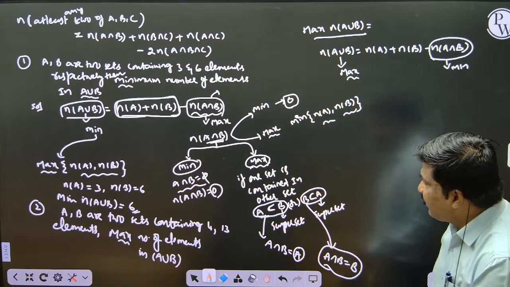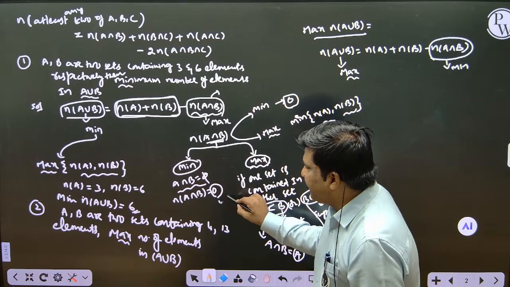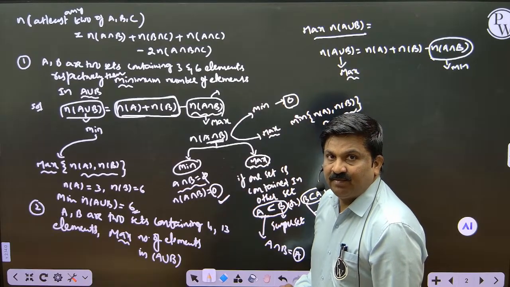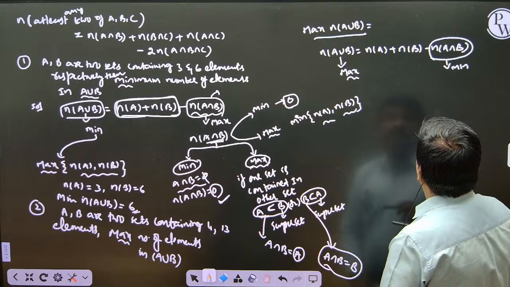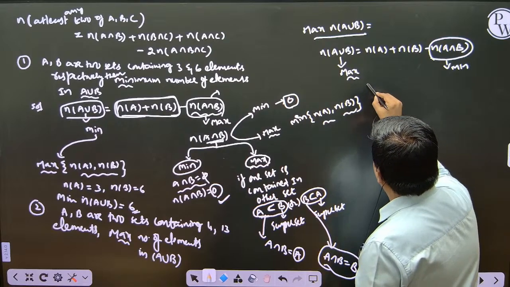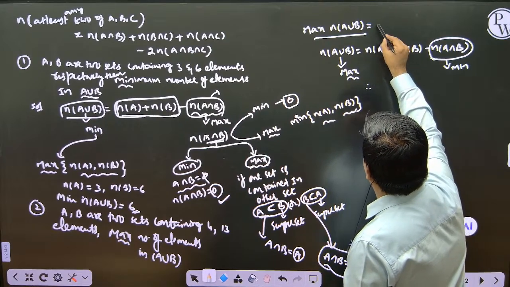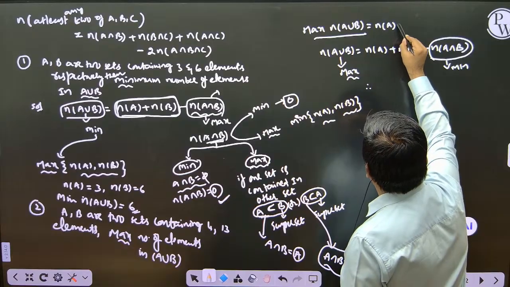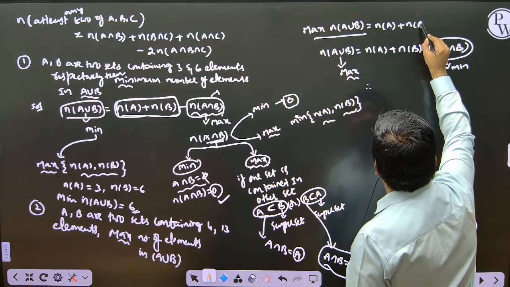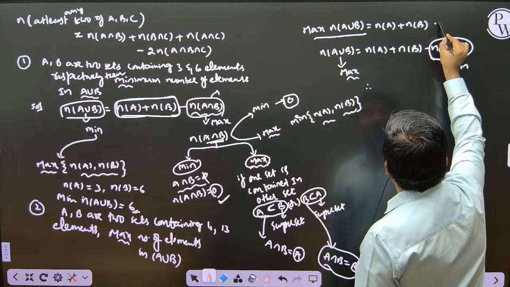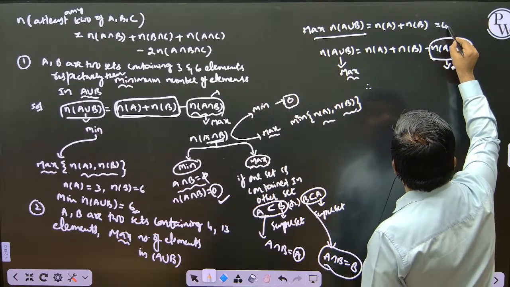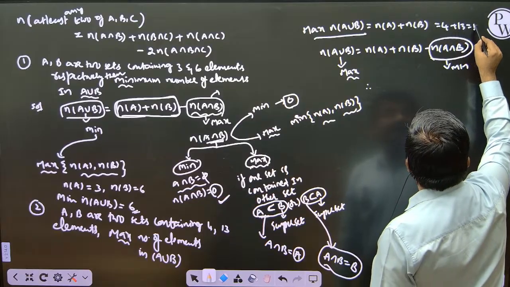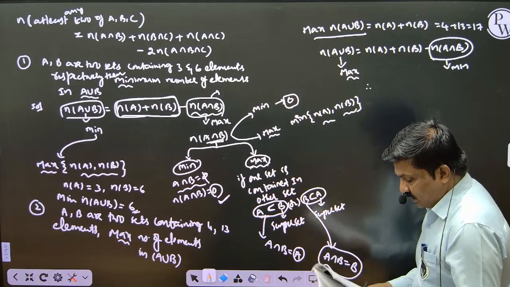But the minimum value of n of A intersection B is what? 0. Therefore, the maximum of n of A union B simply gives n of A plus n of B, or. Therefore, n of A is 4, n of B is 13, which is equal to 17.